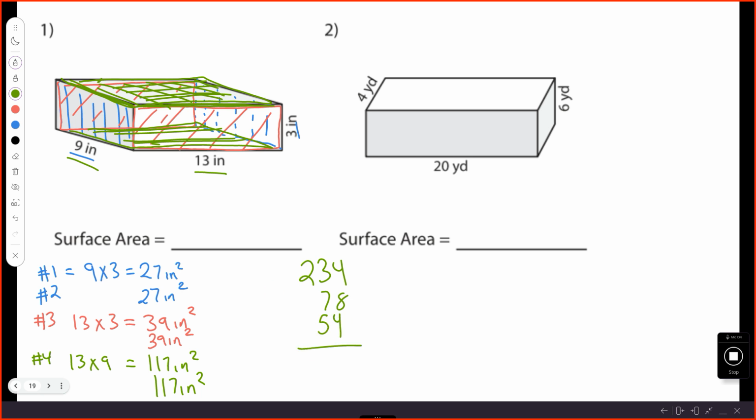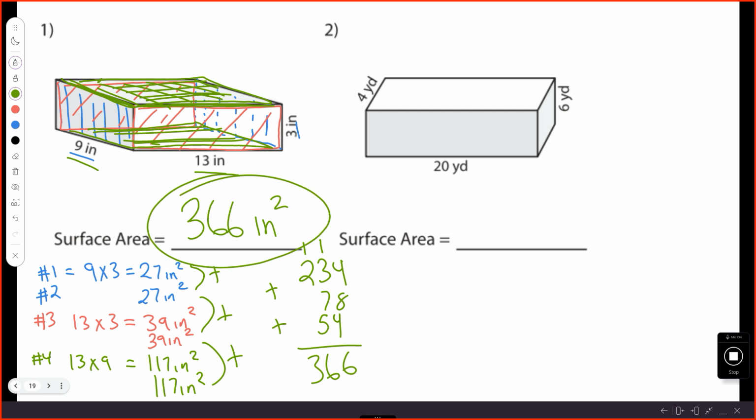And then we're going to add all of that together, because that's how we find surface area. 4 plus 4 is 8, and 8 plus 8 is 16. 1 plus 3 is 4, 4 plus 7 is 11, and 11 plus 5 is 16. And then 1 plus 2 is 3. So we'll have 366 inches squared. And that is our total surface area.